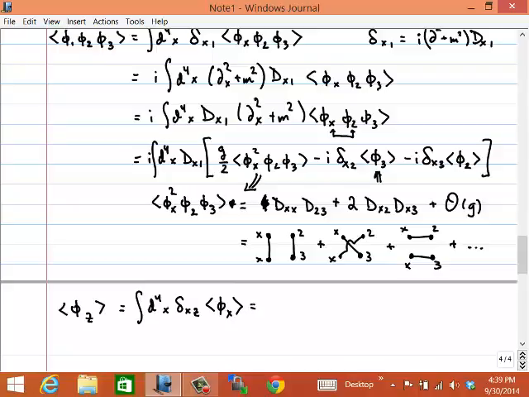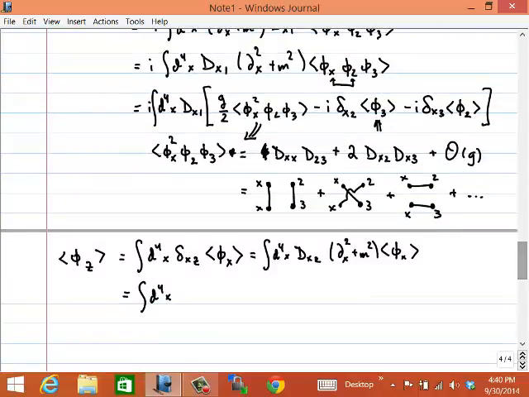And then I could go ahead and use the exact same trick that I was using earlier. So this is then the integral d4x of dxz times the Klein-Gordon operator, dx squared plus m squared, applied to phi x. And that is given by the Schwinger-Dyson equation.